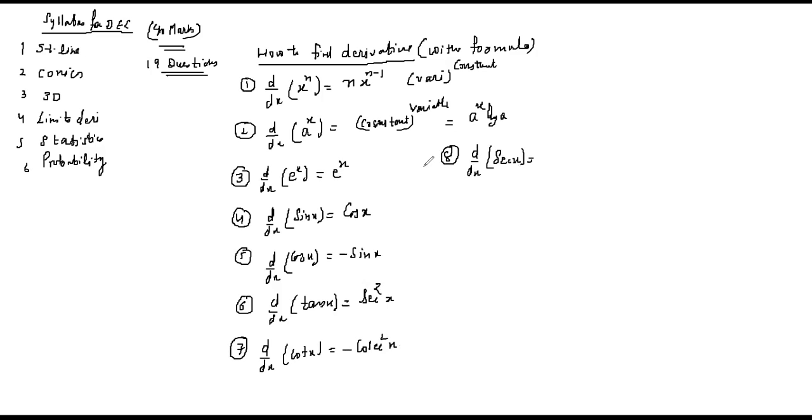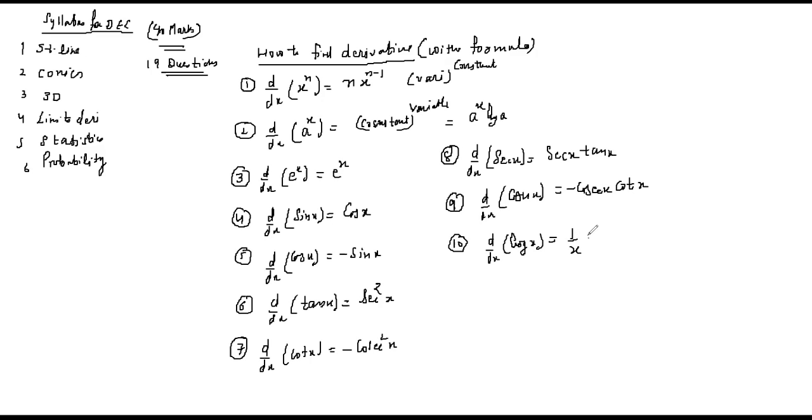Derivative of secant x is secant x tan x. These are the formulas which I will use in solving the questions. Derivative of cosecant x is minus cosecant x cot x. Derivative of log x is 1 by x. So these 10 results I will mainly use in solving the questions.